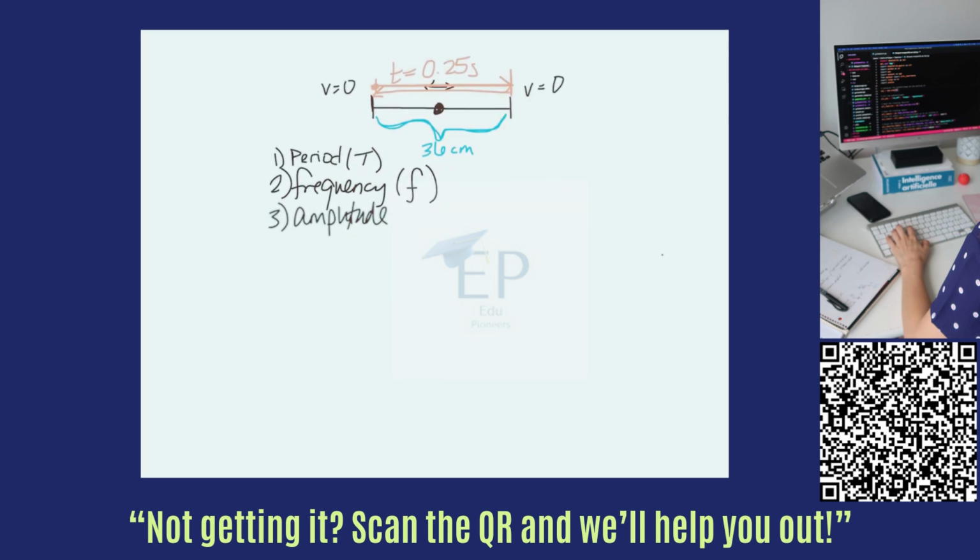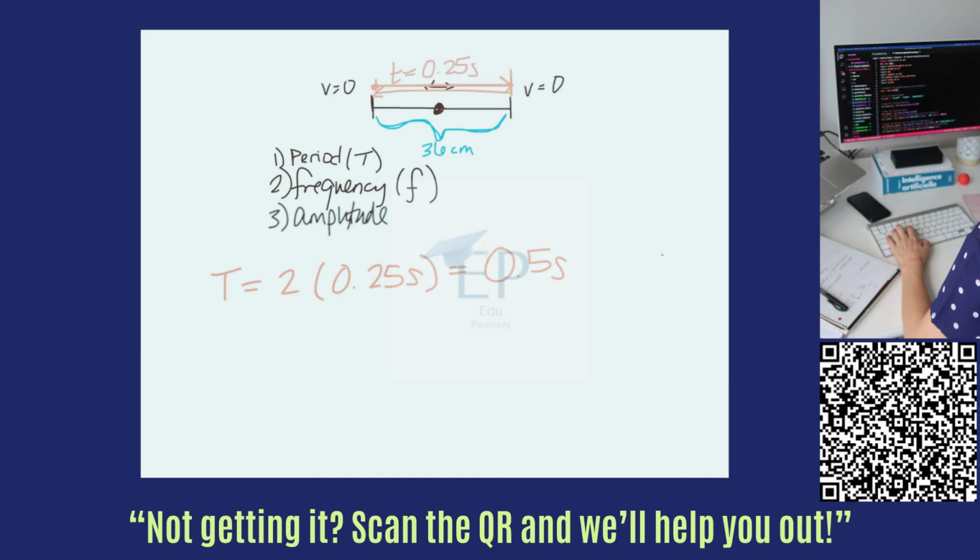So, given that information, we can say that our period is 2 times 0.25 seconds, which gives us a period of 0.5 seconds. So it takes 0.5 seconds for one full cycle.